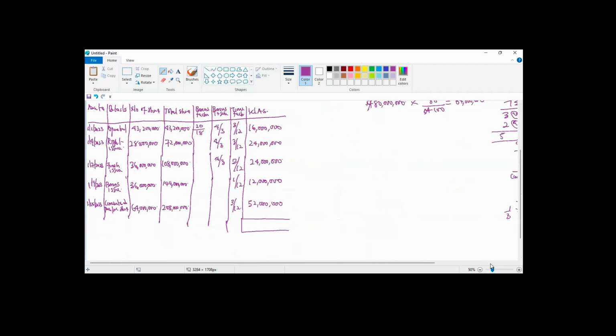Total 128 million. We used the example we gave here, convertible preference shares. If it's a convertible debt or convertible debenture into shares also, that one will come with interest payment.